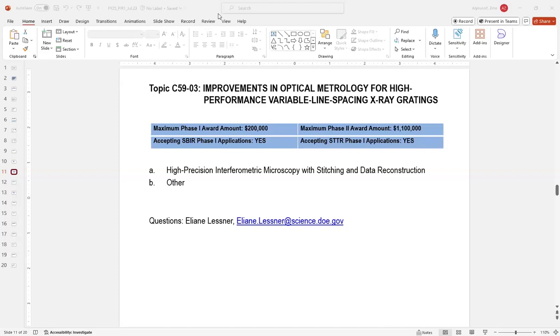Also testing of sample fabrication procedures, initial development of analysis software, and testing with synthetic data. Phase 2 can be fabrication and measurement of prototype samples, development and analysis with prototype software, and reporting on system performance, including precision and accuracy of grating measurements.